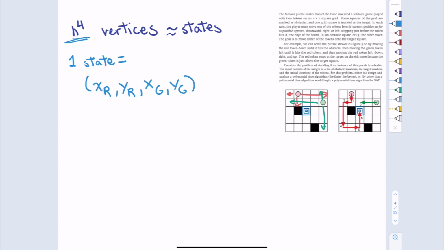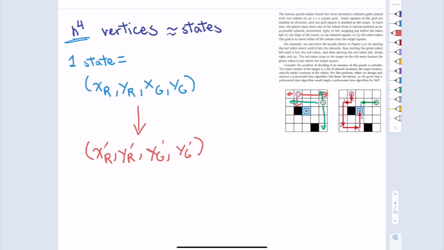And now at some level we'll add edges where you're allowed to go from one state to another state. Well, I guess I use primes to differentiate it. Okay, and you'll add an edge from here to here, roughly whenever you can move a token and get from one place to another. So that means that probably only one of the two sets of the coordinates should change.